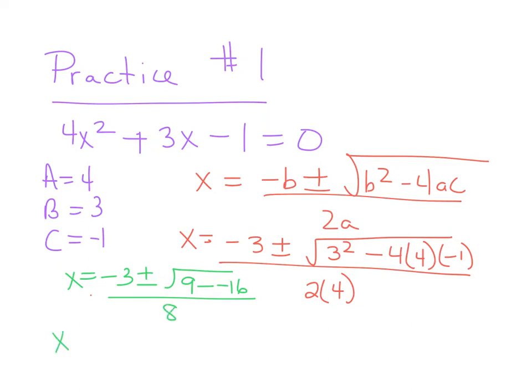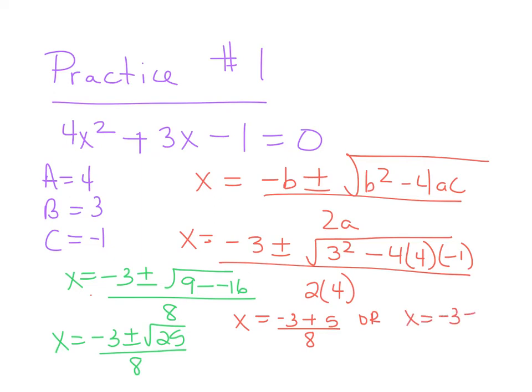So this gives me x equals -3 plus or minus the square root of 25 over 8. All right, so now my two solutions are x equals -3 plus the square root of 25, which is 5, over 8, or x equals -3 minus 5 over 8.